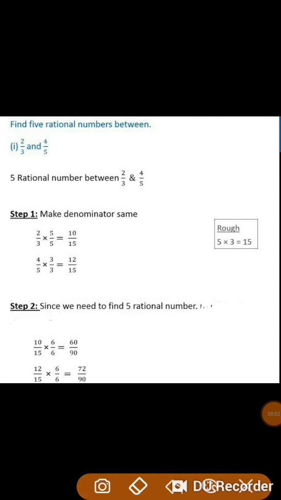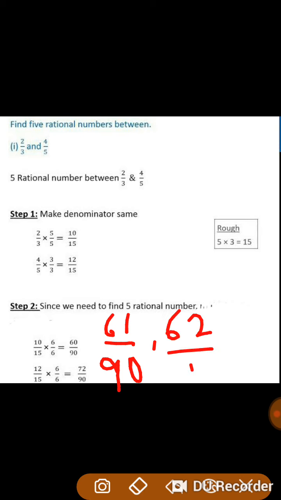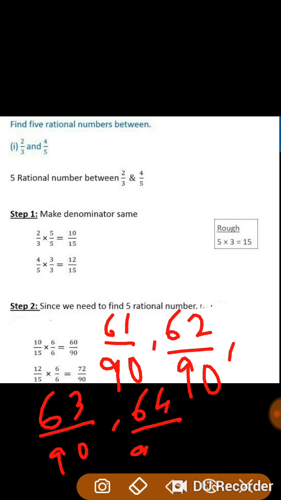So the 5 rational numbers coming between 2 by 3 and 4 by 5, which have now become 60 by 90 and 72 by 90, will become 61 by 90, 62 by 90, 63 by 90, 64 by 90 and 65 by 90.